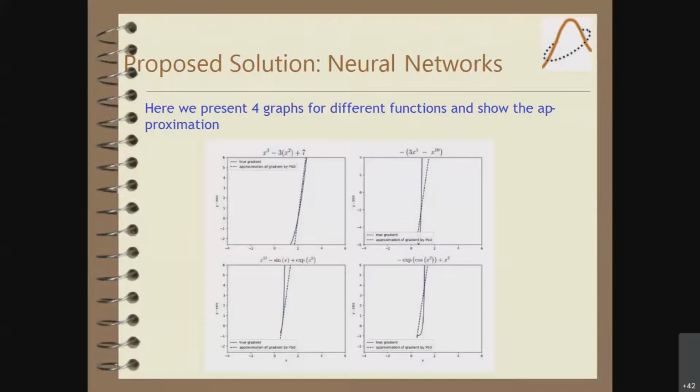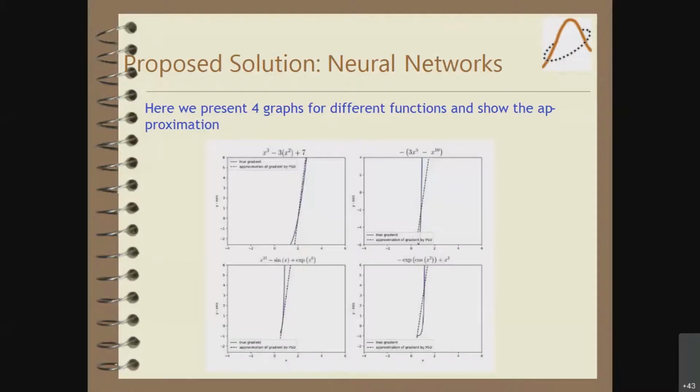In fact, there is an analytical result that we also proved, which shows that our approximation to the gradient is of the order of h squared. Where h is the time step, which means if you take the time step as 0.1, your error will be of the order of 0.1 raised to the power 2, which is 0.01, right?